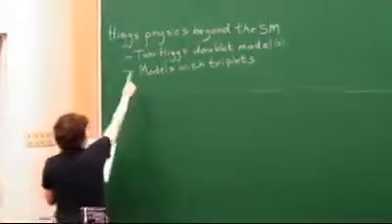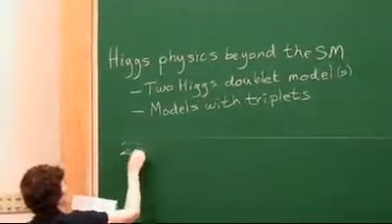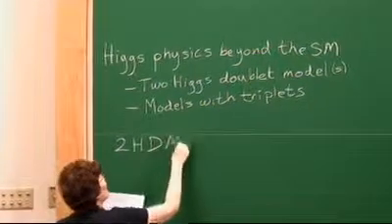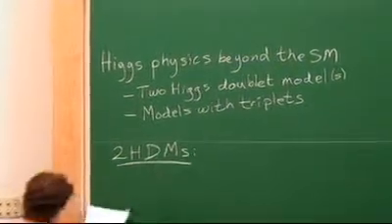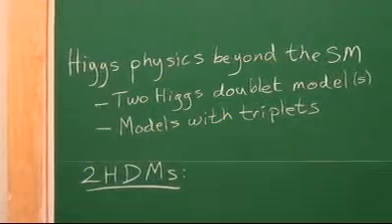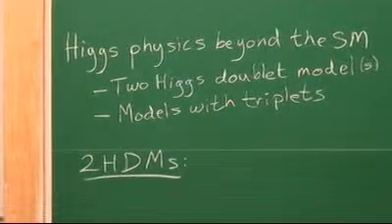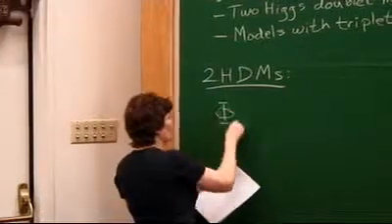Okay. So I'm going to start with the two Higgs doublet models. The idea here is that we just duplicate the Higgs sector. In addition, you just add a second doublet, right? So we're going to have two doublets, phi1 and phi2.